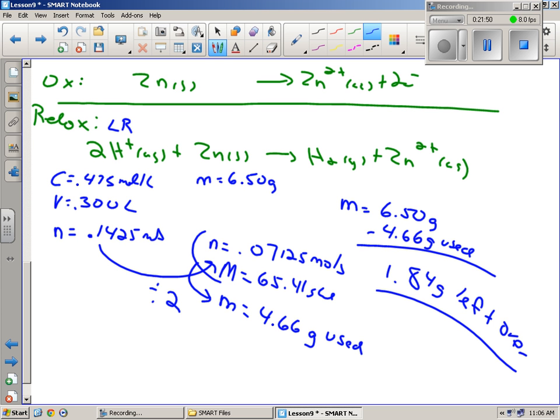If I had 2 moles, 1 mole would react with it. Well, I have 0.1425 moles here, so 0.07 moles here, half as much. The molar mass will tell me how much I actually used there. Okay? Good?